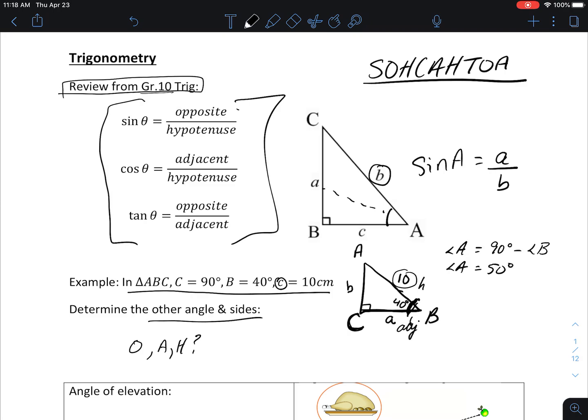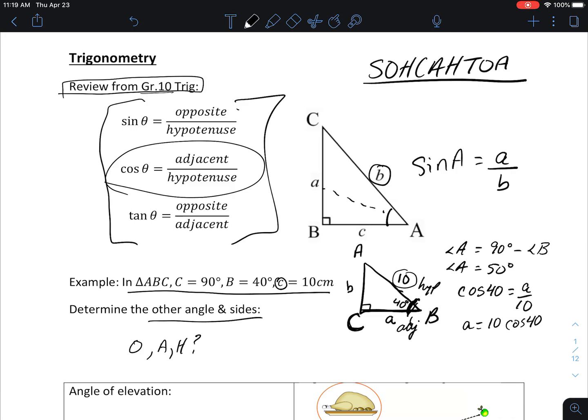So if I'm at angle B here, A is the adjacent, and 10 over here is the hypotenuse. So if I'm dealing with adjacent and hypotenuse, I'm going to be using a cosine ratio. So the cosine of 40 is equal to A over 10. And then I want to use that equation to help me find A. So A is going to be equal to 10 cosine 40.